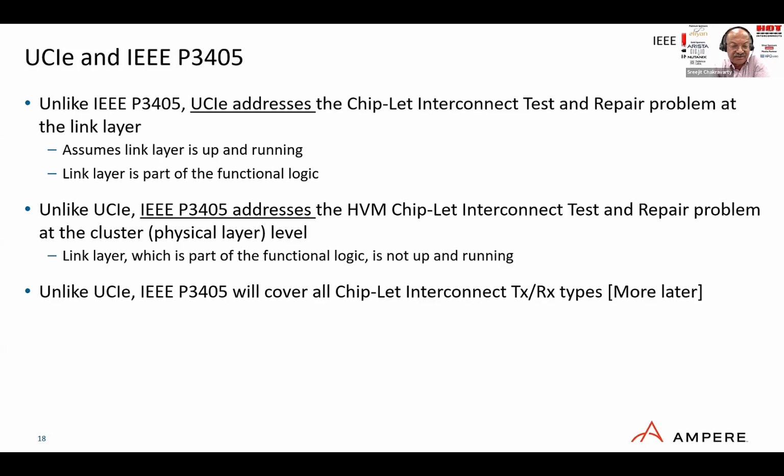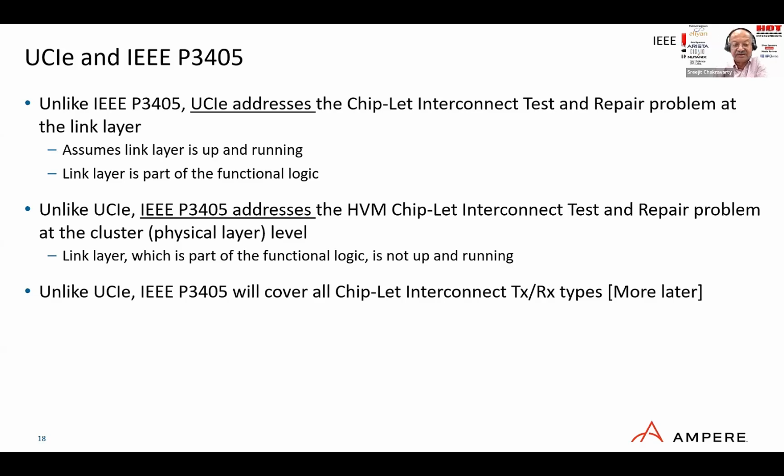Now, there is another point that is a bit subtle. It doesn't come through when you read the UCIe standard. There are a variety of interconnects that are used, and that depends on the product and the packaging type used, and our goal is to cover all those transmit and receive types.